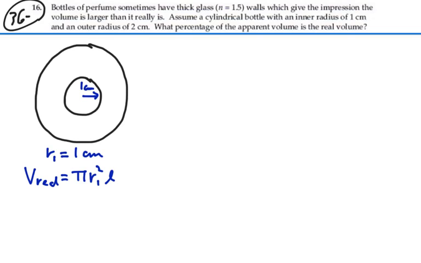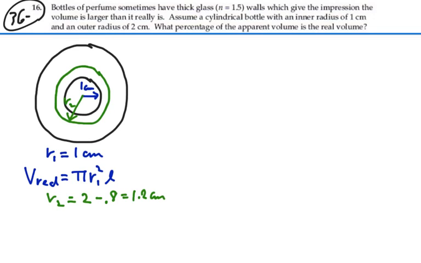But apparently, we think that the thickness of this bottle is less, only 0.8 centimeters. So that makes the inner portion of the bottle appear to be thicker than it actually is, giving us a radius that looks like this, R2, where R2 is equal to the radius of the bottle, 2 centimeters, minus the apparent thickness of 0.8 centimeters, or 1.2 centimeters.